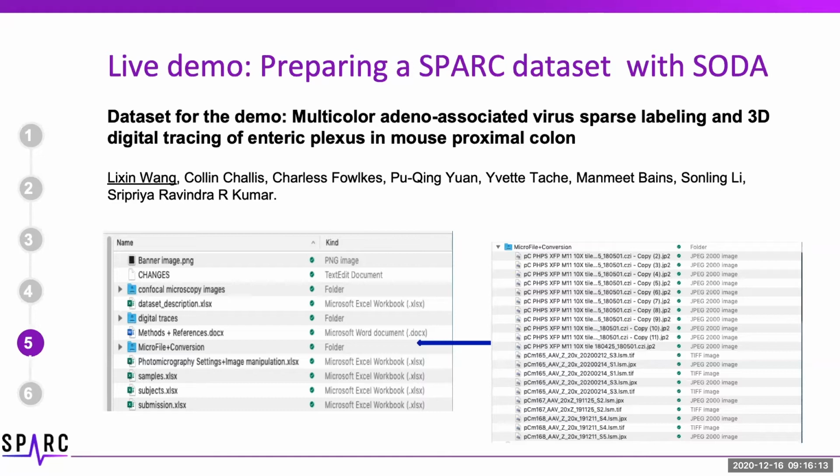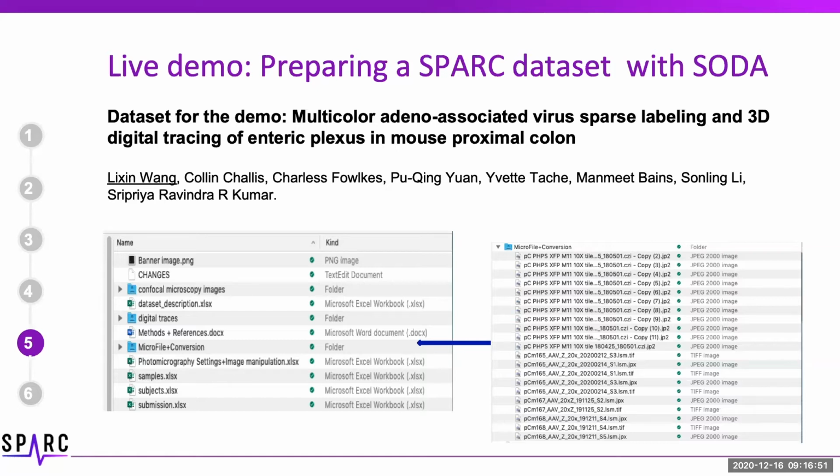I also included here, getting a little bit ahead of myself, a folder called microfile conversions. This is a folder that I generated, that in general would be added by the MBF Bioscience team during the curation process. MBF created MicroFile+, a software that is freely available and converts all the proprietary images, helping to alleviate loss of metadata encoded in proprietary formats.